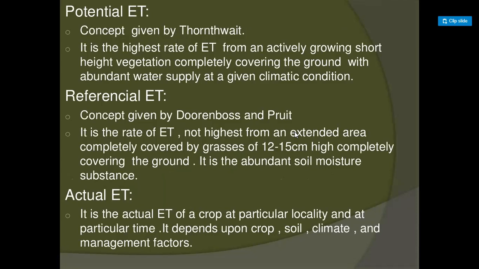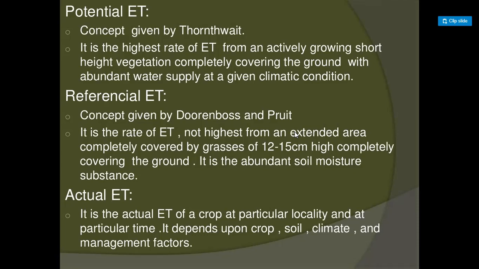It is the highest rate of ET from an actively growing short-height vegetation completely covering the ground with abundant water supply at a given climatic condition. Reference evapotranspiration is a concept given by Doorenbos and Pruitt. It is the ET from an extended area completely covered by grasses 12 to 15 centimeters high, completely covering the ground.